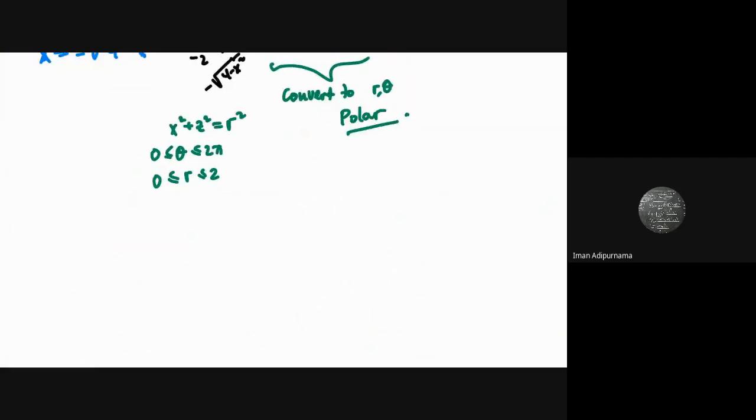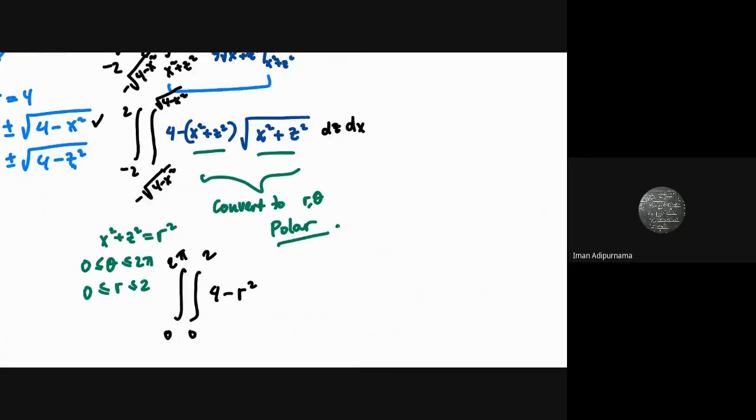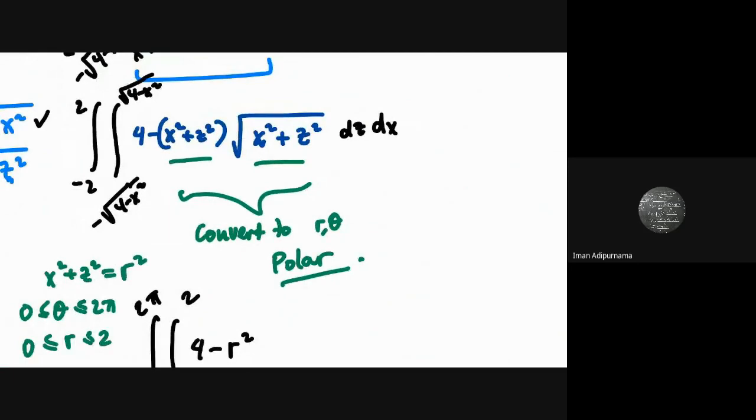So this is the best way to tackle this question. So 0 to 2 pi, and then 0 to 2, and then 4 minus r squared, and then the square root of r squared, which will be r.